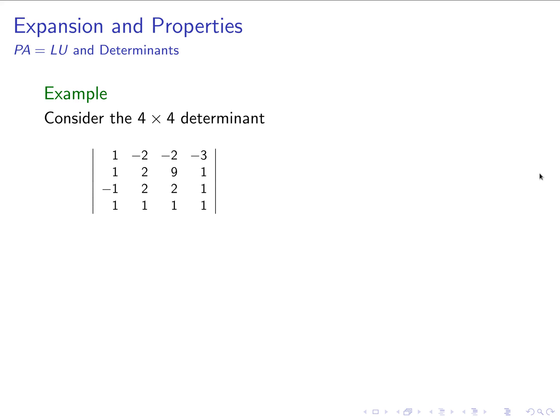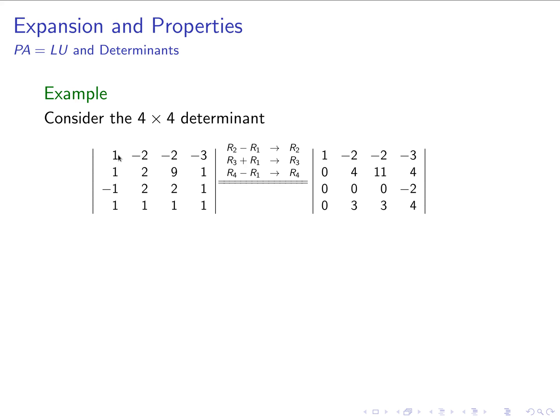So instead of using the cofactor expansion theorem, let's use the idea of row reductions. Let's start with this 4x4 and focus on the upper left-hand corner where we have a 1. Let's use that 1 to clear out all of the entries below the 1,1 position. So the operations for doing this are to take row 2 and subtract row 1. Then we take row 3 and add row 1.